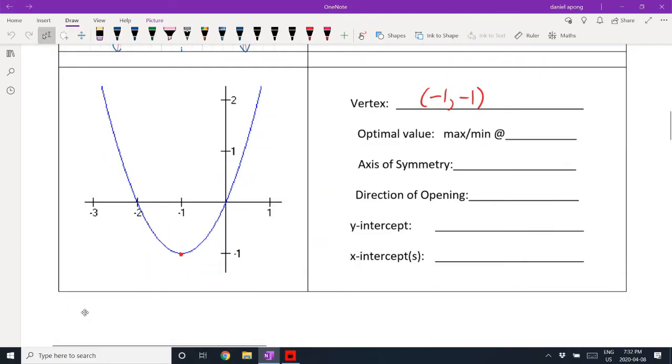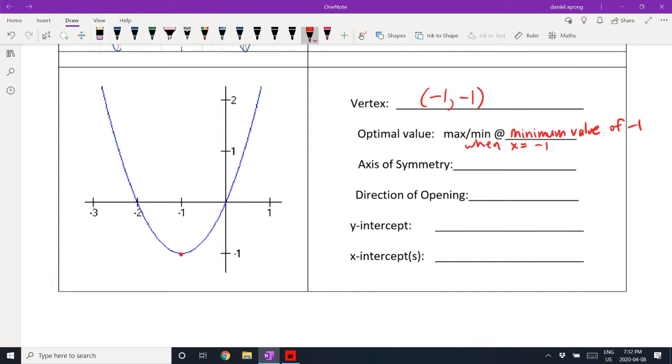Now let's state the optimal value. In this case, the optimal value will be a minimum because the parabola opens up. Remember, the optimal value is just a way of stating the vertex. So in this case, we can say it is a minimum value of -1 when x is equal to -1.